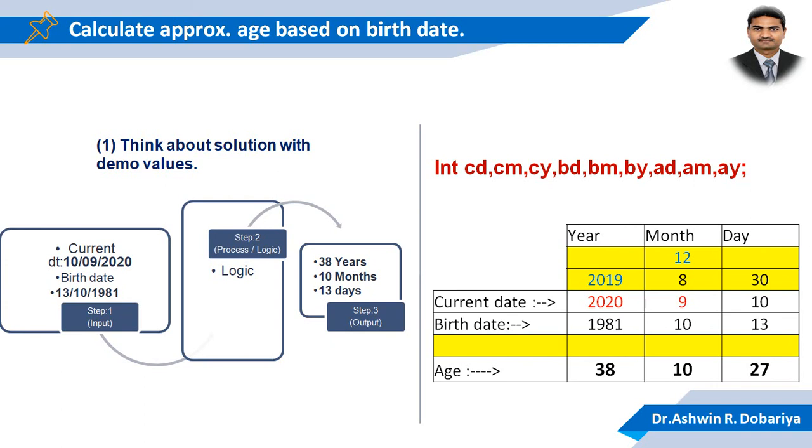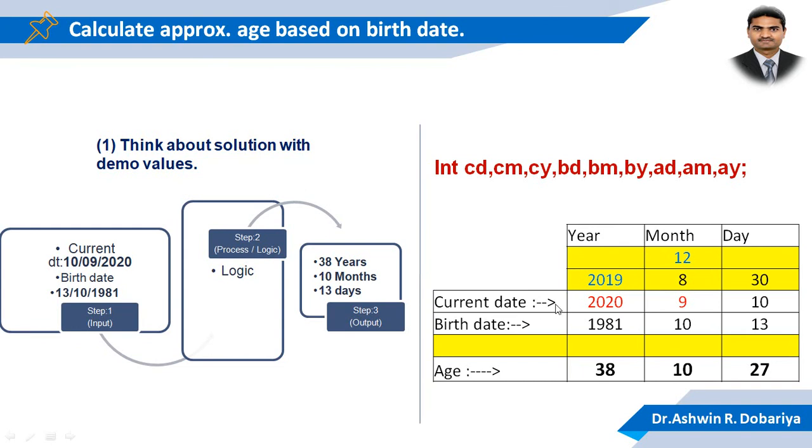To understand the logic I have not considered the leap year, where February has 29 days and otherwise 28 days. As you know, a few months have 30 days and a few have 31, but on average we have considered that every month has 30 days, for easy calculation.